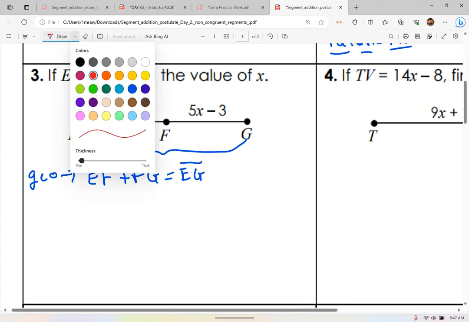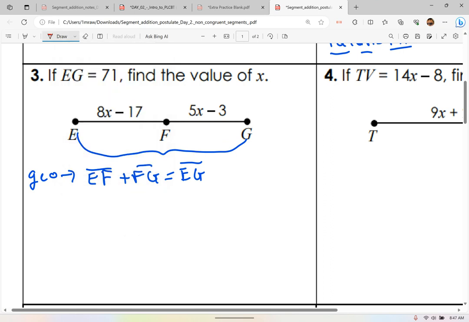Okay, so we go ahead and replace the values that we have for what we want. We're going to replace EF. EF is 8x minus 17, we're just replacing it, plus, because we have this plus symbol, FG, which is 5x minus 3, equals all of EG, which we don't know.